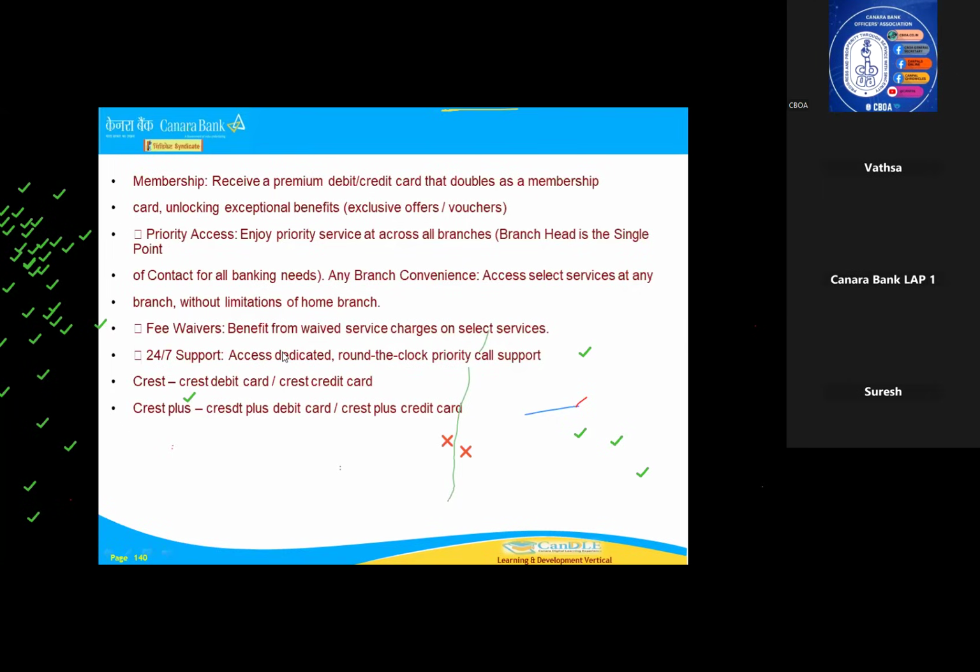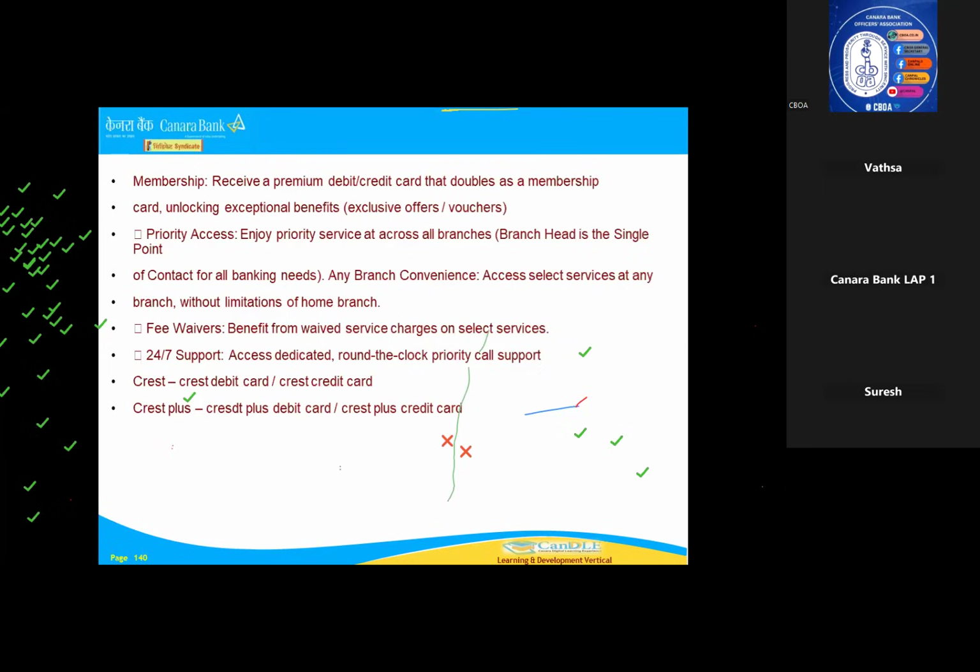Fee waivers: benefit from waived service charges on select services. 24/7 support: access dedicated, round the clock priority call support. And they get a credit card and debit card in the Crust name itself, in their product name itself. Only thing, if they are maintaining the balance, they get all the benefits. If they are not maintaining, they will not get.